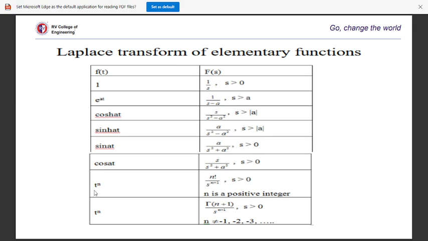So Laplace transform of t power n is n factorial by s power n plus 1 if n belongs to the positive integers. Now let us consider a few examples to explain these elementary functions.